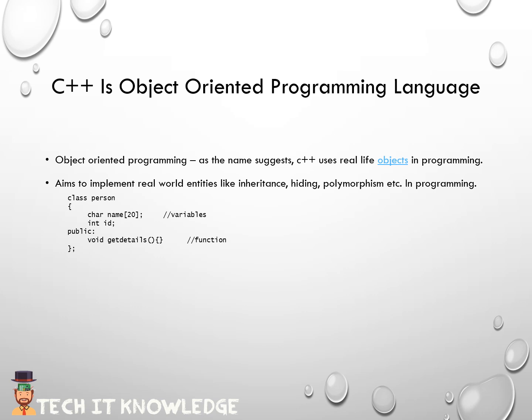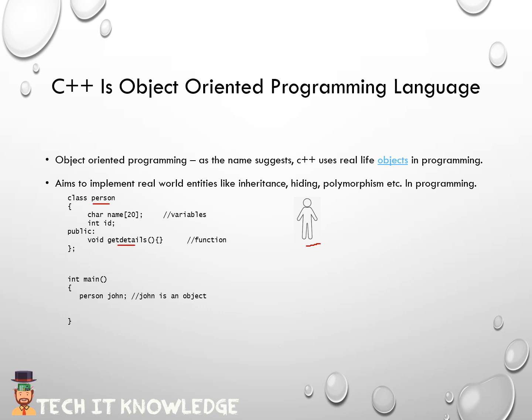So here we have a class person with member variables as name and ID and member function as get details. So the person has no identity. Person has no name and ID.